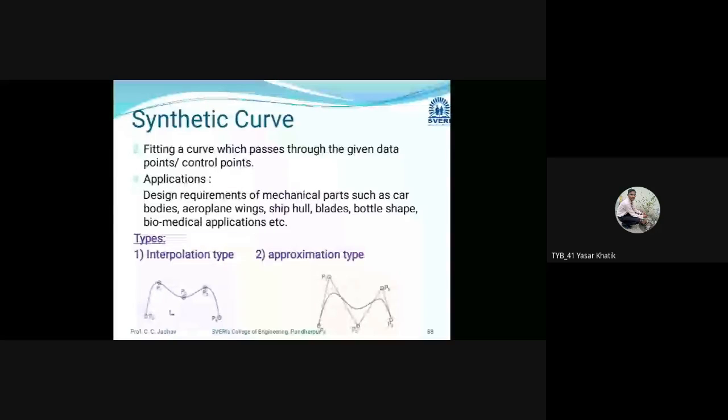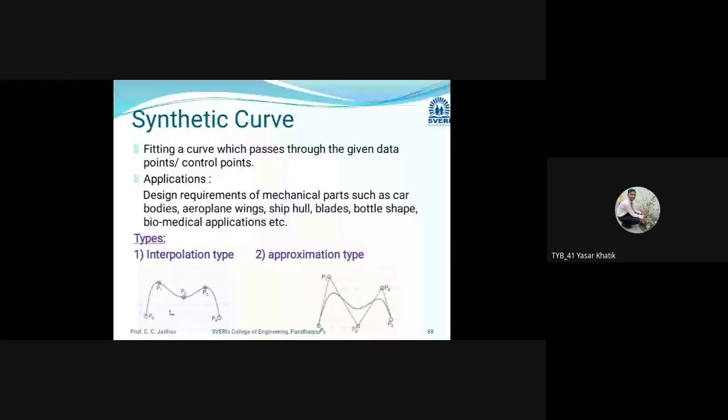Okay. In the approximation type, you can see there are actually 5 points, but my curve is passing through only 2 points. So by the P1, P2, and P3 control points, you can control the nature of the curve. You can drag this curve toward the P1 point and P3 point, and from this you can modify or change the nature of that curve.